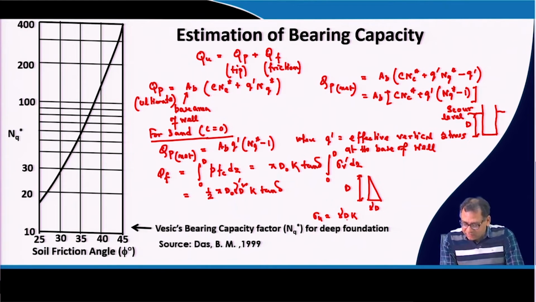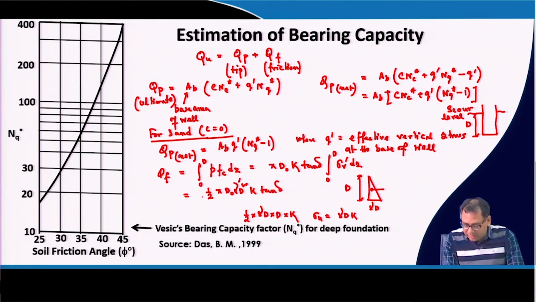So, that is what we are doing here, and then if I take the total force, we have to take the average. So, the total force will be half into gamma d into again the d into k, and that will be again into tan delta.